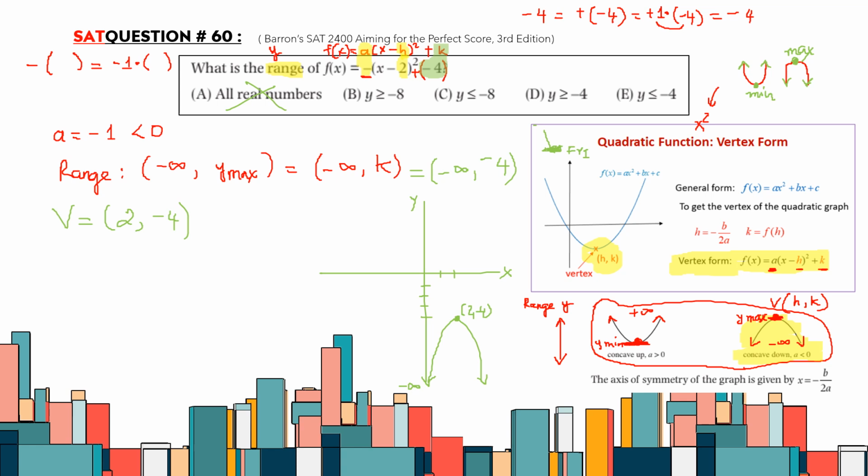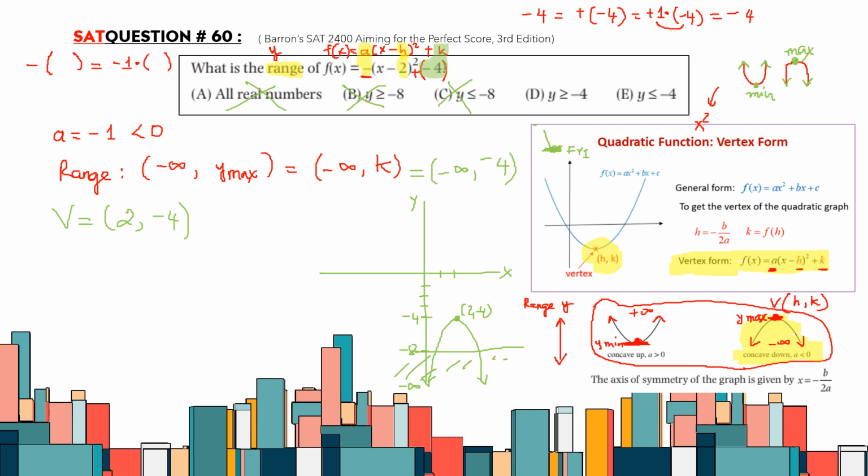Y is greater than or equal to -8: that means y is above -8, but the range comes from negative infinity, so B is not the right answer. Y is less than -8 means below -8, but we have values above -8, just like -4 at the maximum point. So C is not the right answer.